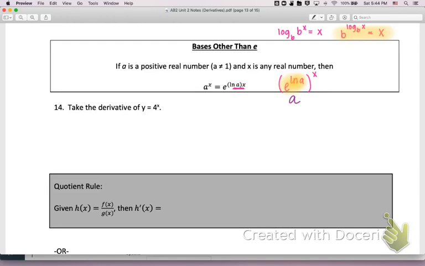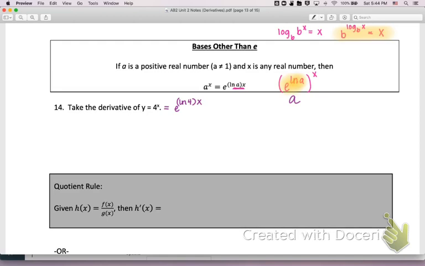So we want to rewrite y equals 4 to the x as y equals e to the natural log of 4 times x power. And now to find this derivative, it actually requires something called the chain rule, which we'll see in the next unit.